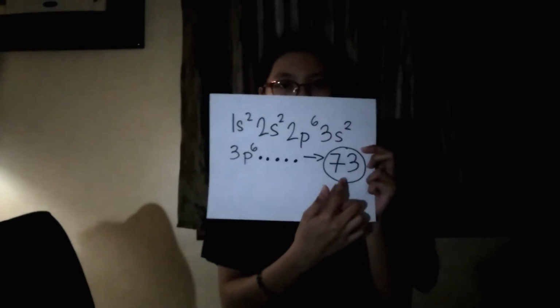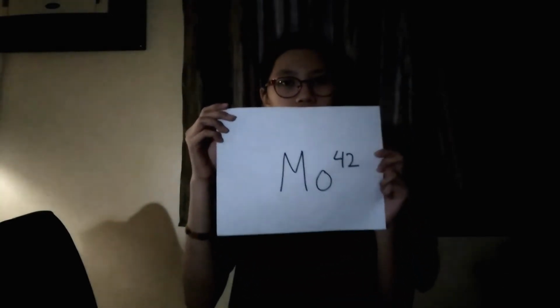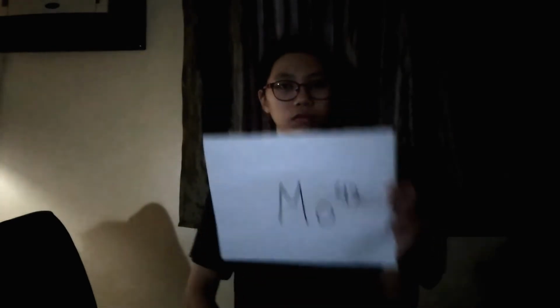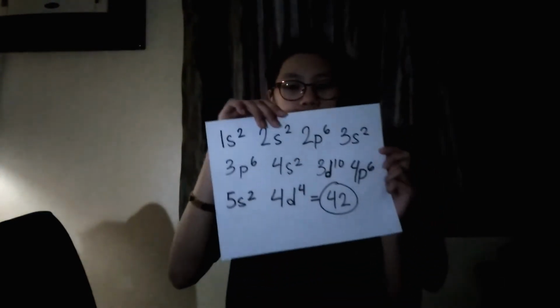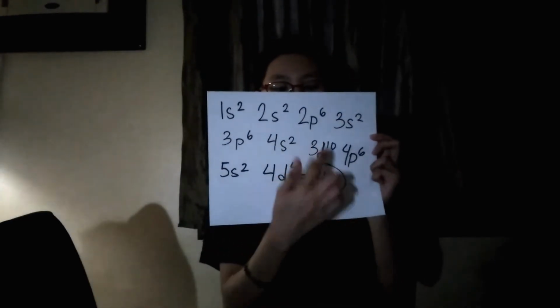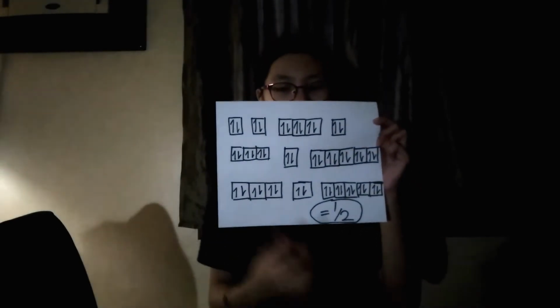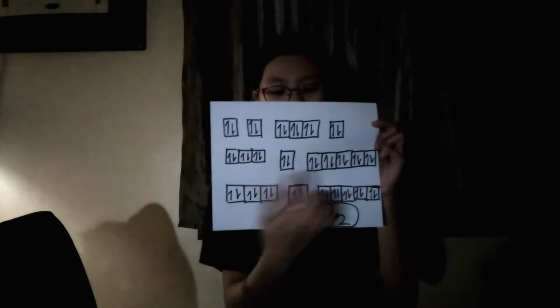For example, if the element given is Mo and its atomic number is 42, you use the mnemonics to add the specific numbers until you get the atomic number of the element. After that, check the mnemonics once again to put the arrows that go up and down to identify if it is negative or positive.